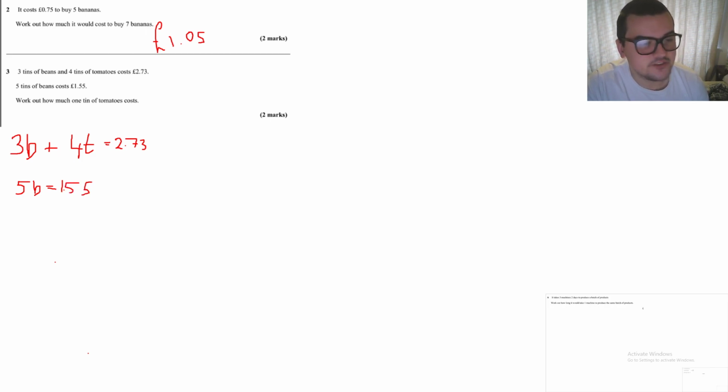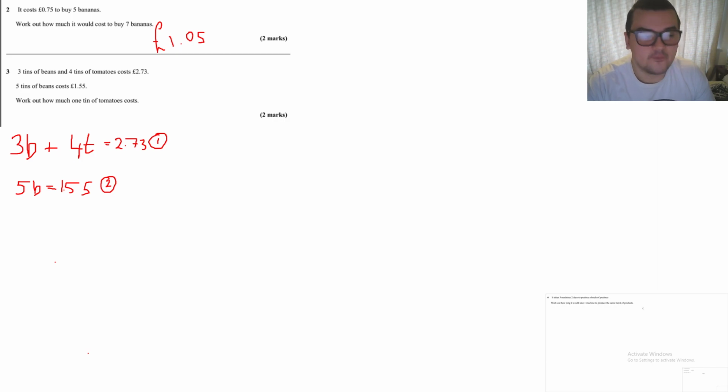So the first way we're going to do this is we're going to solve for the beans, and this is going to be our equation 2 and our equation 1. We're going to plug that value of beans into our first equation and then solve for the tomatoes.